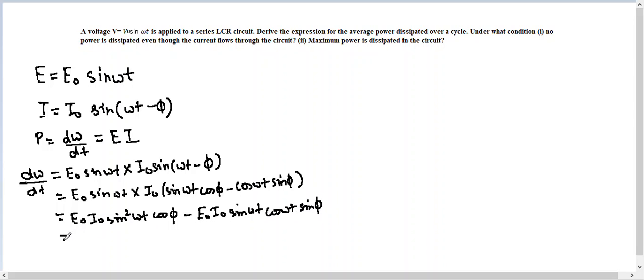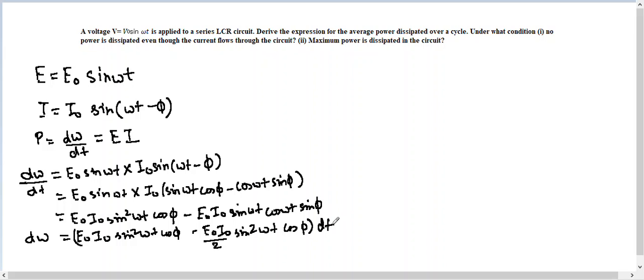I am just going to assemble these two terms: E naught I naught sine square omega t cos phi minus E naught I naught by 2 sine twice omega t sine phi. So it is dw. What I am going to do is multiply these two terms by dt. So now we have to do the integral of these terms from 0 to t.